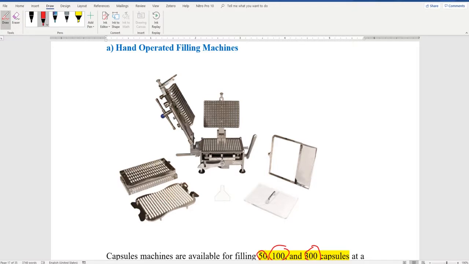What you have here, these are pins. The job of the pins here is to press the powder that goes inside the bodies of the capsule. Here will be the bodies. It will push the powder inside the bodies. Okay? This is the rim of the tray.